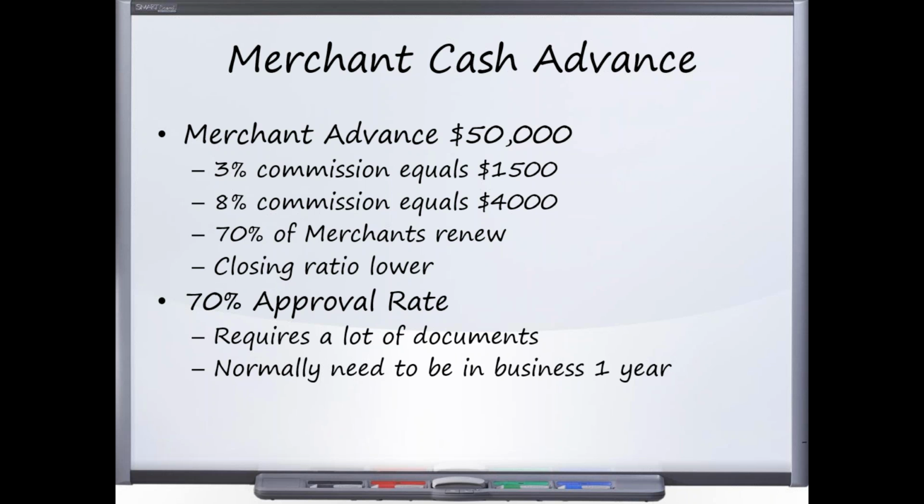All sounds pretty good, one-time hit, but the average merchant, this is kind of like crack cocaine, once they get hooked on it, they renew over and over and over. Almost 70% of them renew.